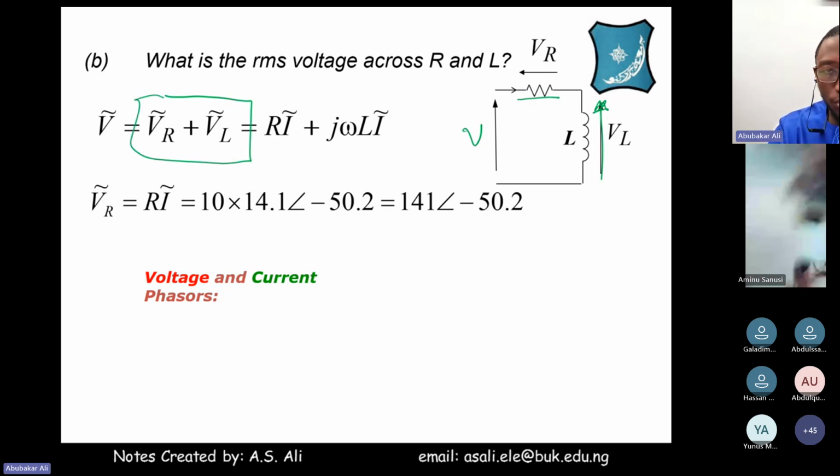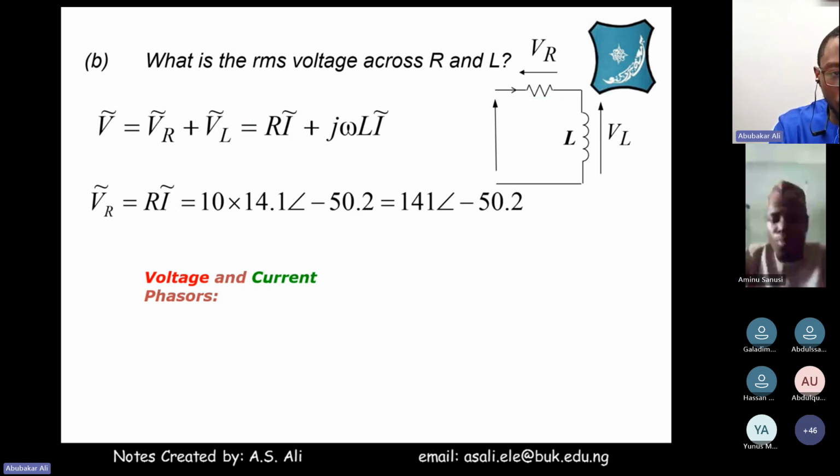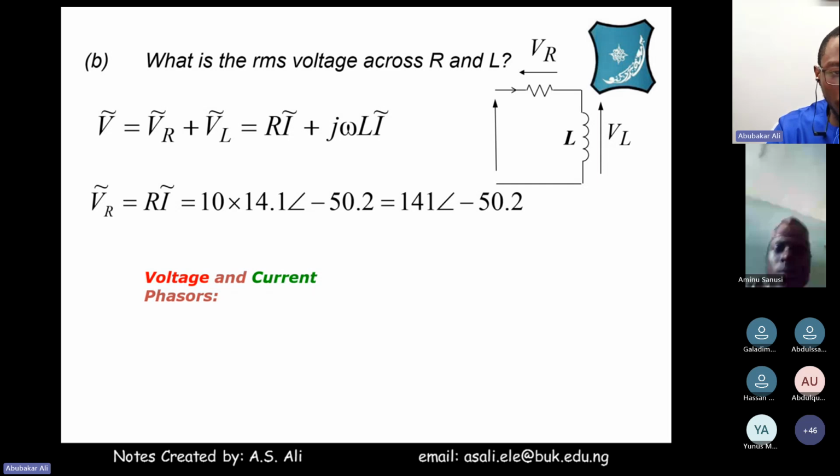This you should know since you are in level 3. That means if VR is RI and VL can be written as this, we can easily do the computation in phasor form.